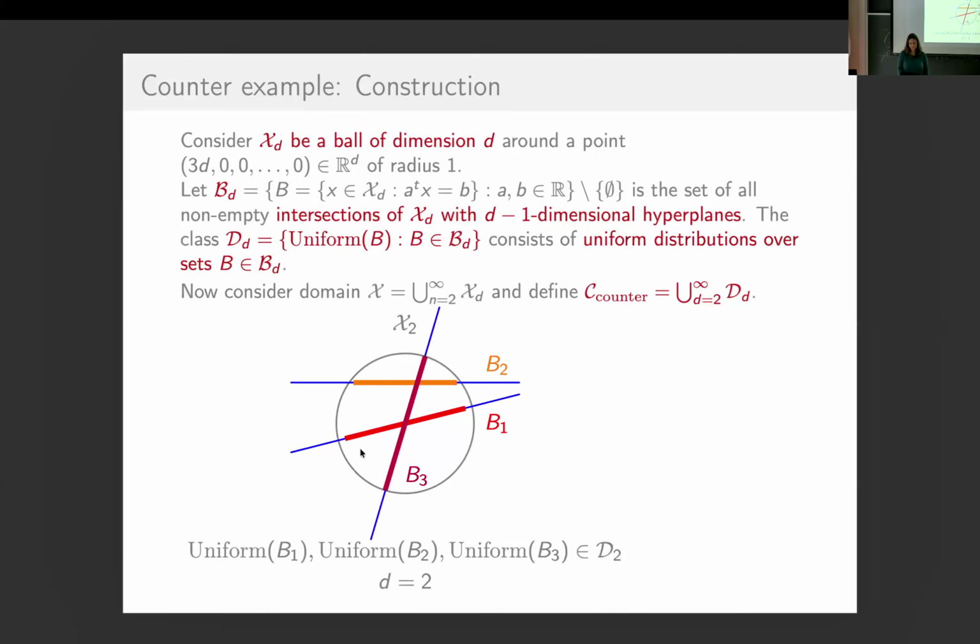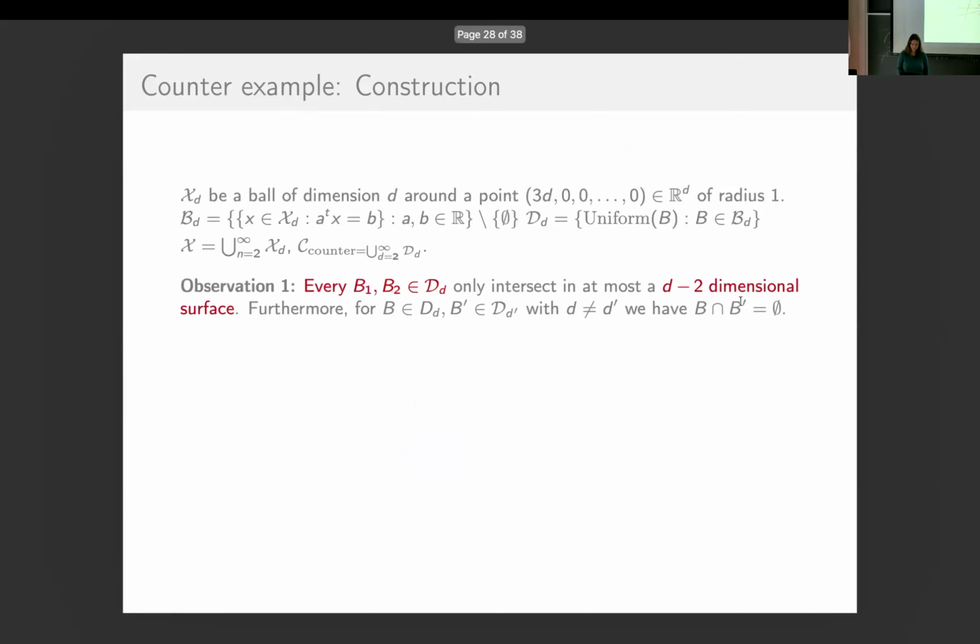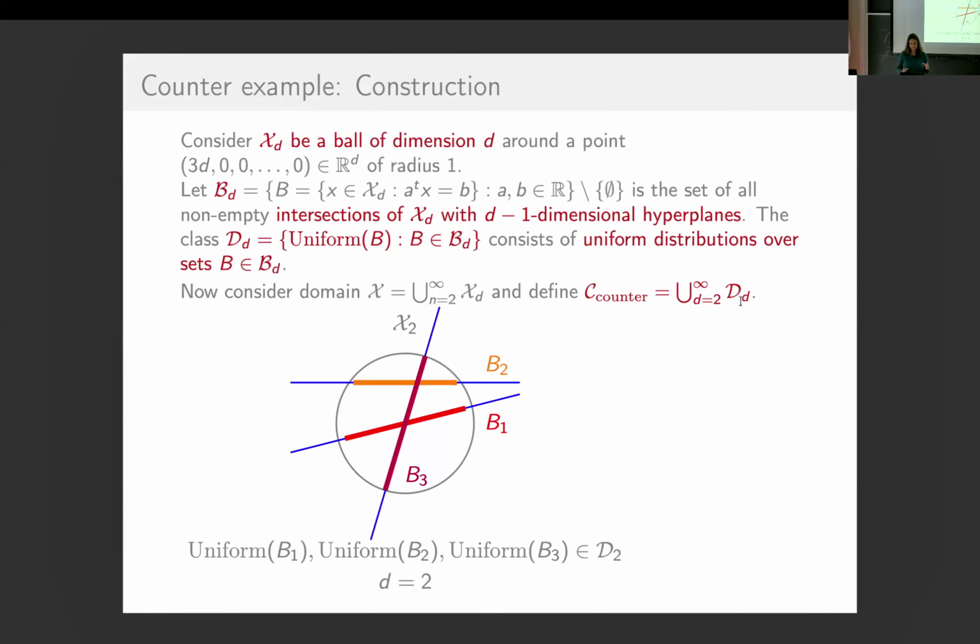We take a ball, and then we take all these d-1 dimensional subsets. Then we just take those classes D and take the infinite union over those. Now, one thing we can see is that even if we are in the same ball, all of the distributions' supports only intersect on sets of mass 0.